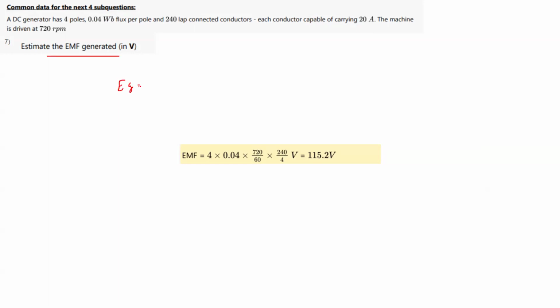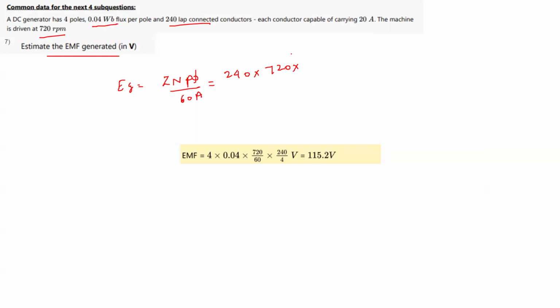So we know EMF generated is ZNP phi by 60A. The number of conductors is 240. Speed in RPM is 720.